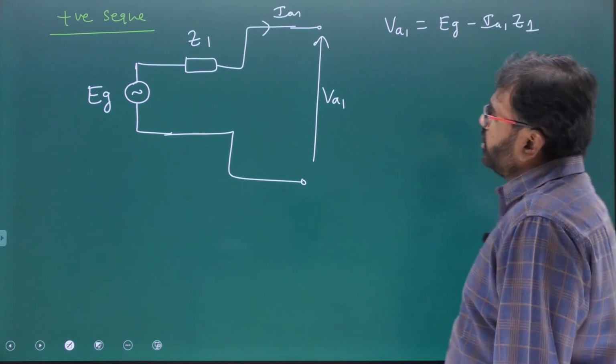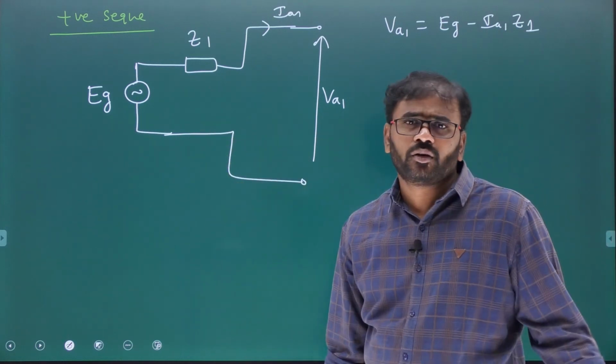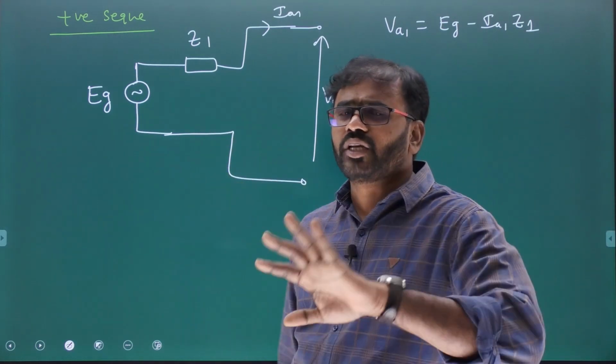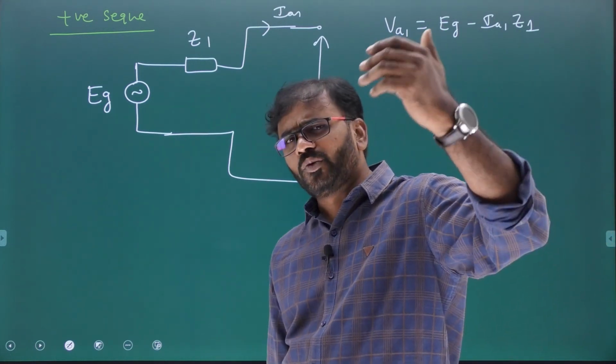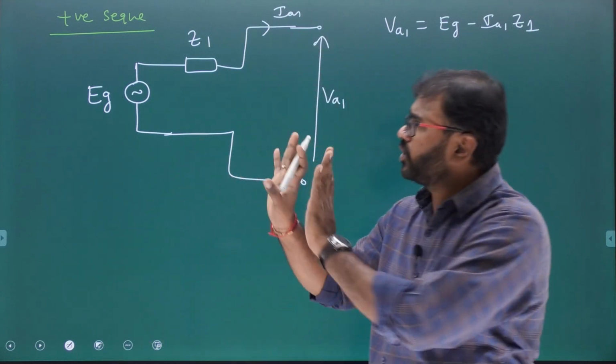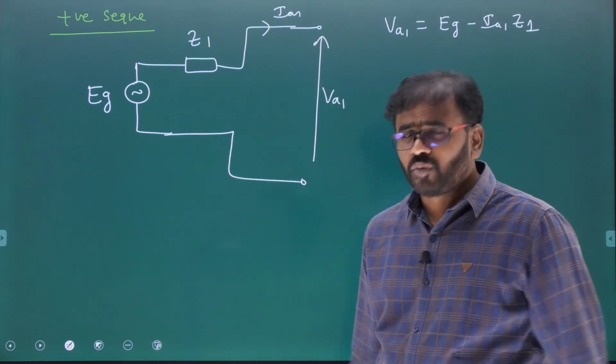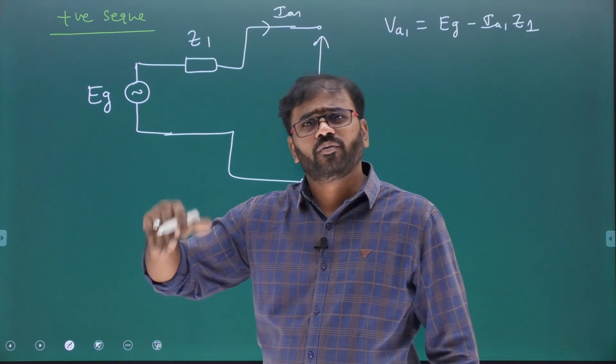Did the neutral impedance come in here? No. In positive and negative sequence equivalent circuits, the neutral does not come into the picture. No matter whether the neutral is grounded or ungrounded, the positive sequence network will remain the same.